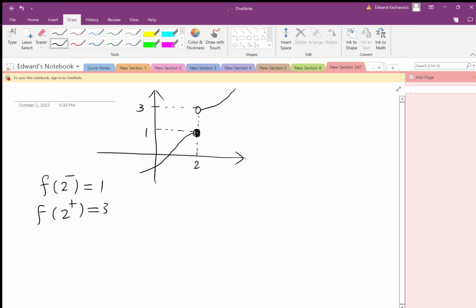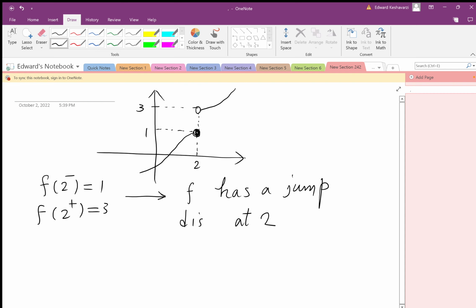And we know that as soon as a limit does not exist, function is not continuous. But since the left and right limit both are numbers, but they are not equal, we call this type jump discontinuity, because it jumps from the y value of 1 to 3. So f has a jump discontinuity at 2.